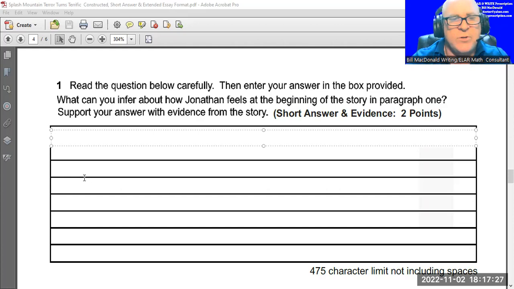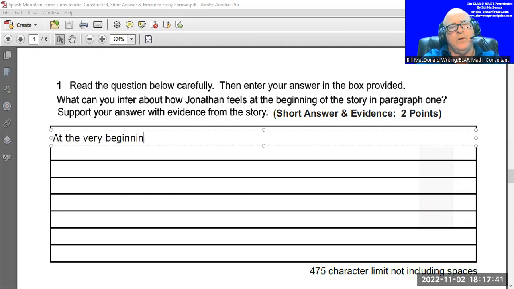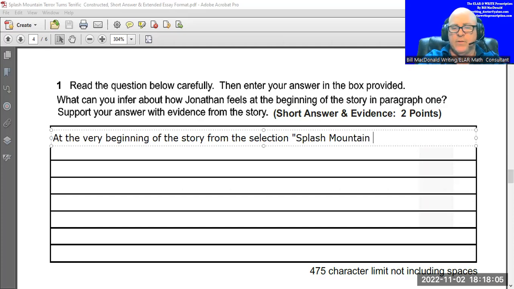And so I'm going to state my answer, the one that I verbalized to all of you. At the very beginning of the story, from the selection Splash Mountain, I believe there were some ellipses there.